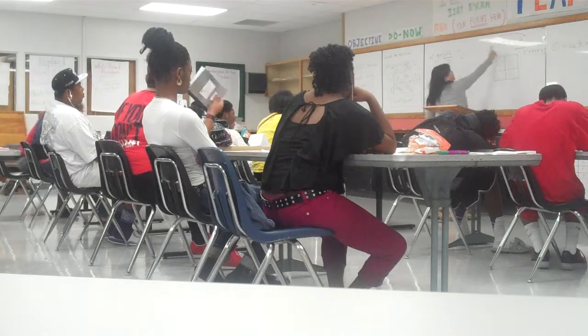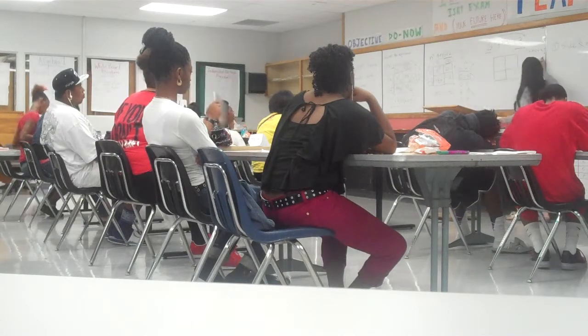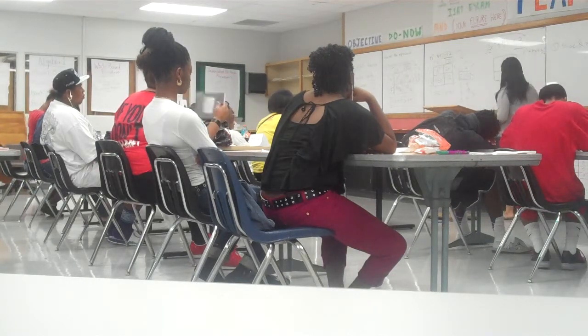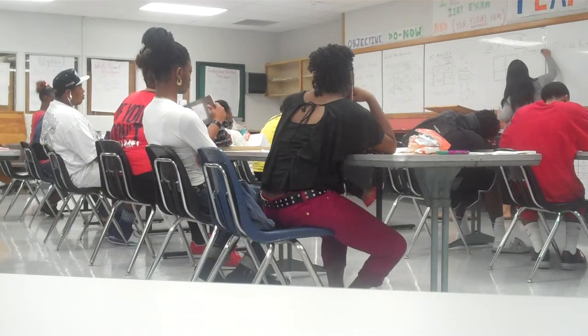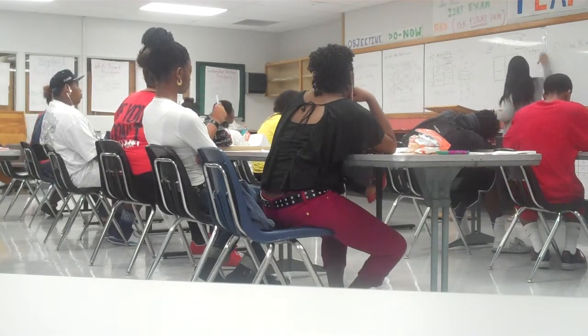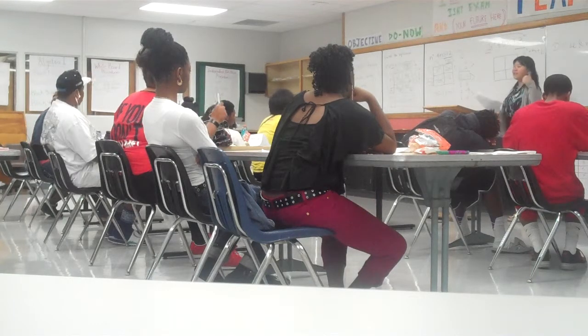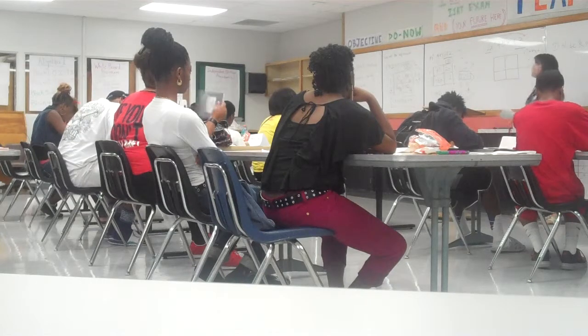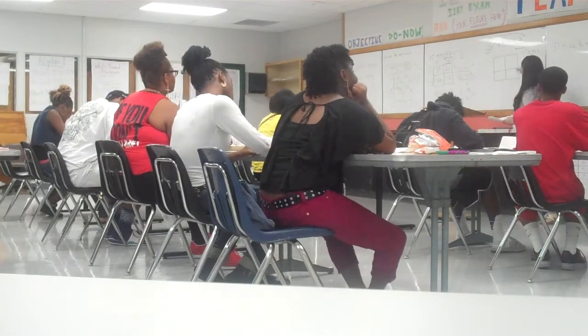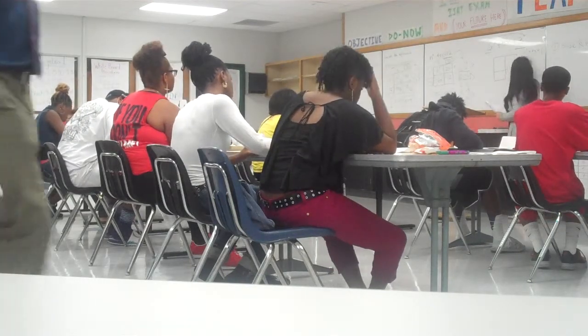So we just slid this over and we multiplied it. So now we have 6. 3 times 2 equals 6. Everyone got that? We slid that one over and multiplied it by 3. So now it's 6.